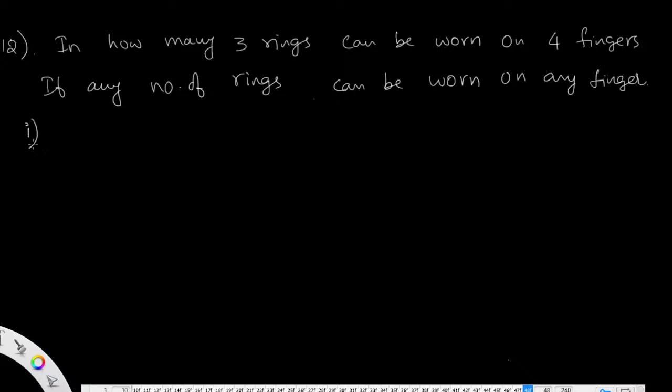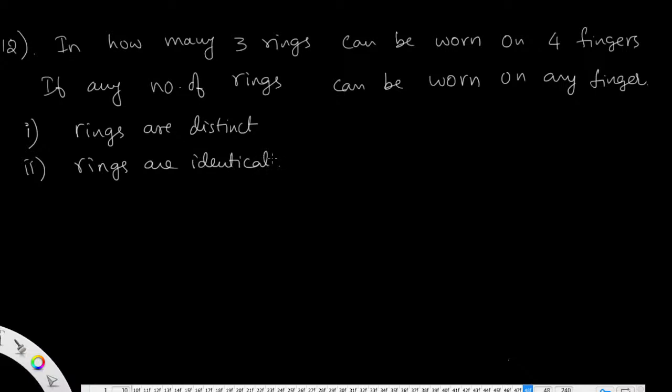First question is given, rings are distinct. Second question is given, rings are identical.